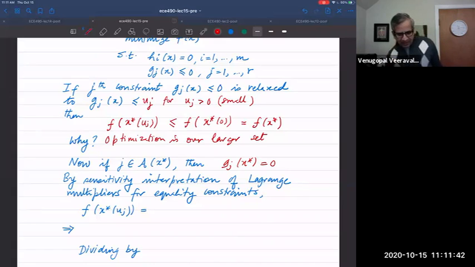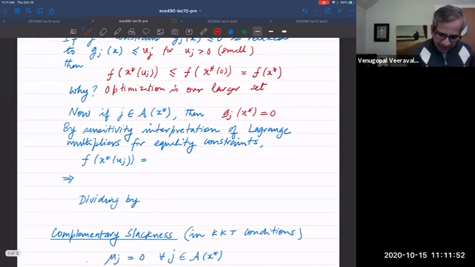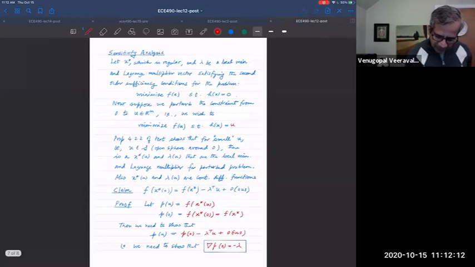So we can think of the perturbation Uj as the perturbation to an equality constraint. But we know that by the sensitivity interpretation of Lagrange multipliers for equality constraints, f of x star at Uj should be f of x star minus the Lagrange multiplier times Uj plus little o of Uj. So this was the result from lecture 12, right?